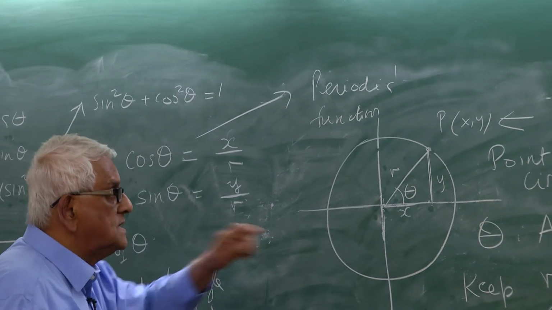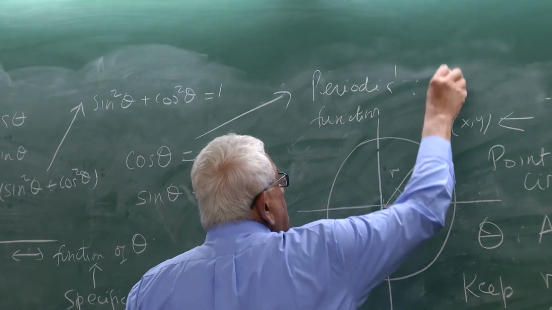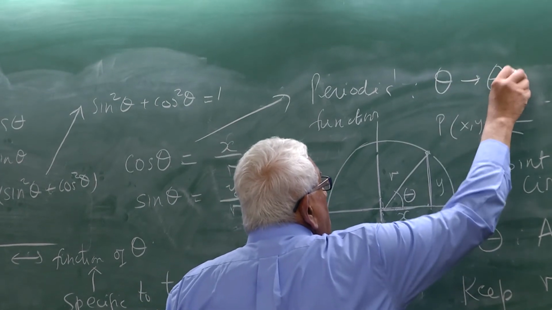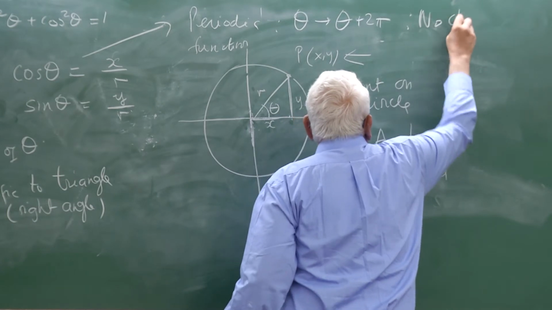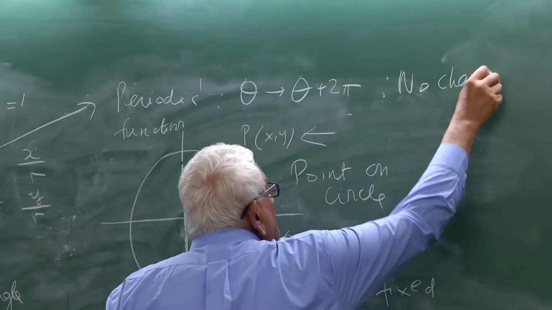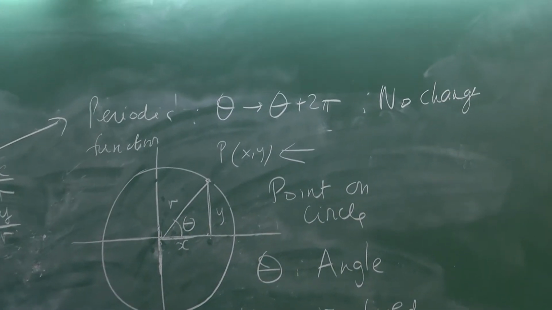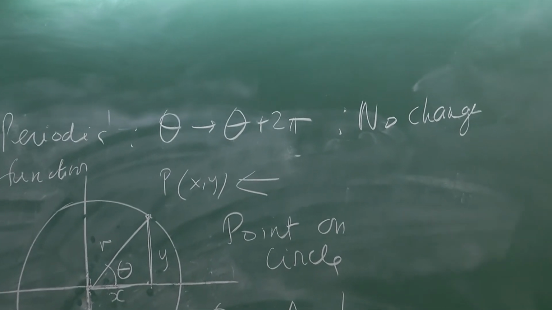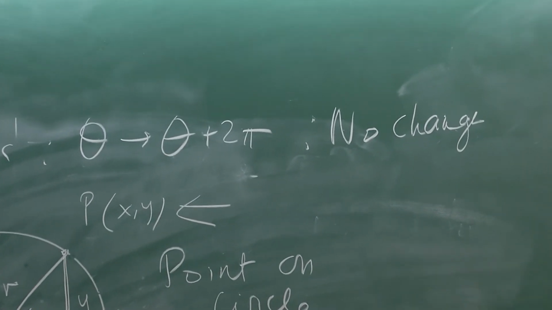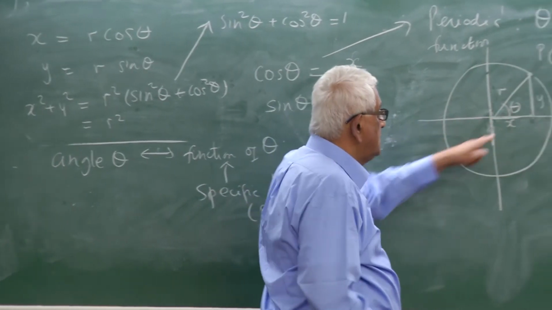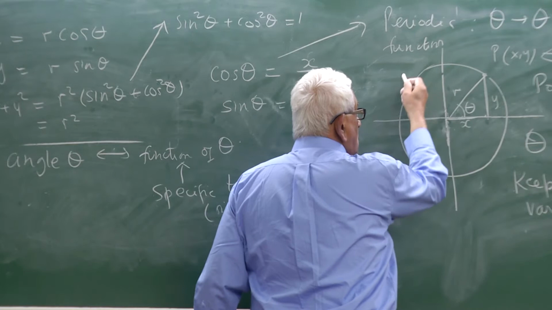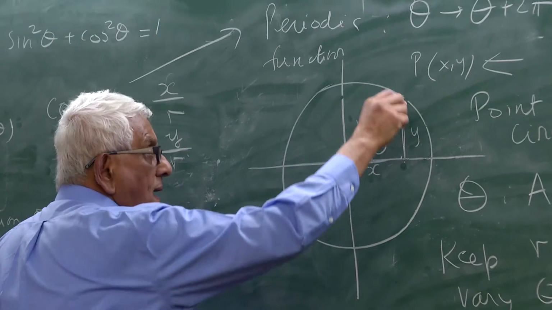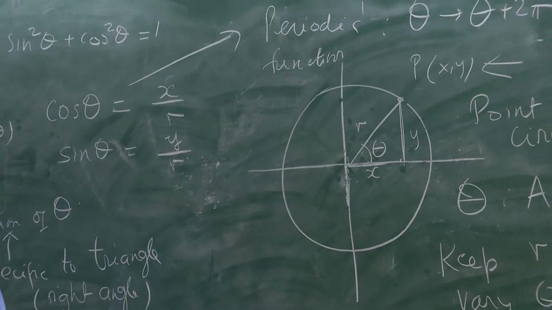What does that mean? That means that if I replace theta by theta plus 2 pi, no change. Geometrically, what it means is if I have this point P, at angle theta, then I go around, I keep going, I come back like this, I come back to the same point.